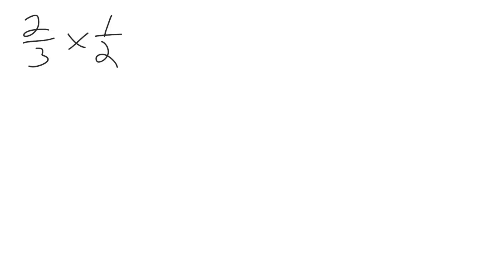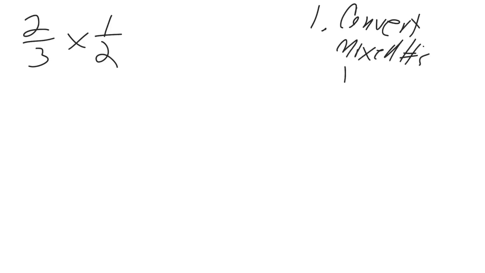So now let's talk about the steps to multiplying fractions. So here on the screen I have 2/3 times 1/2. So step one is to convert mixed numbers to improper fractions, if there are any. In this example, there aren't any.